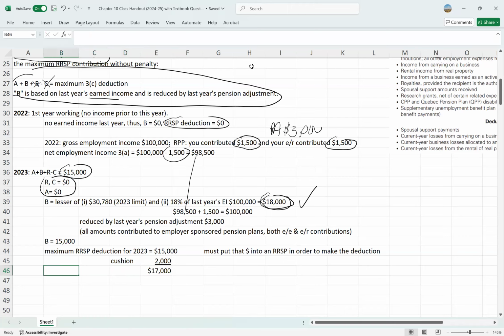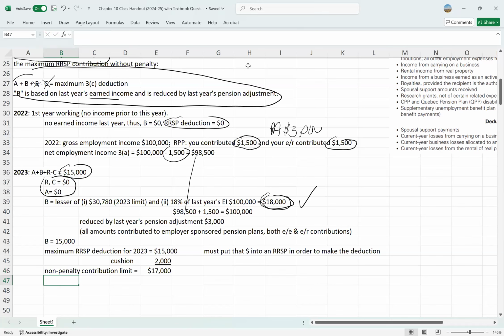This $17,000 is known as the non-penalty contribution limit. So what that means is if you put a little bit more than 15,000 into an RRSP, as long as it's no more than 2,000 over, you're not going to get penalized.